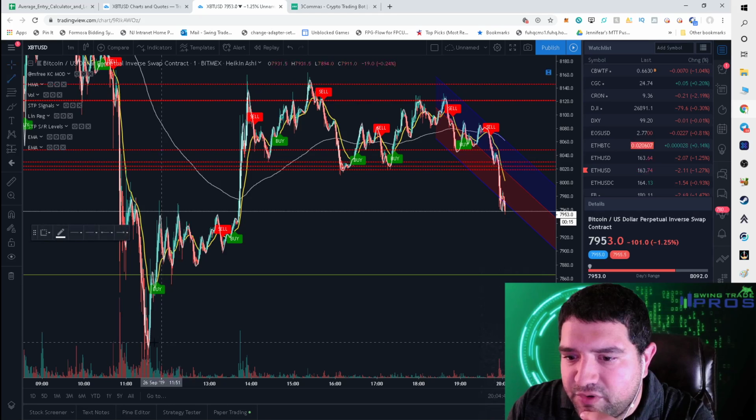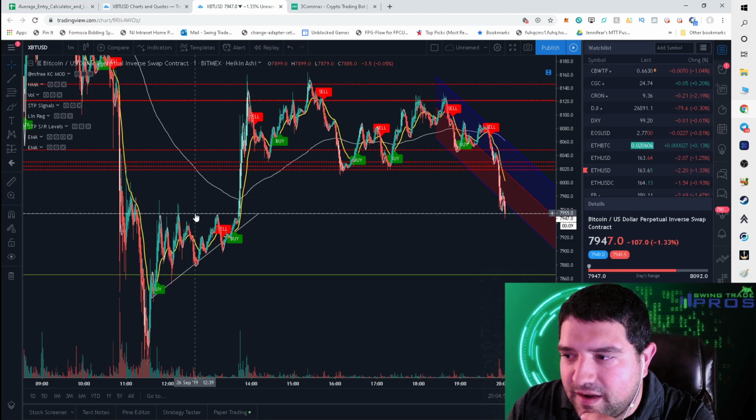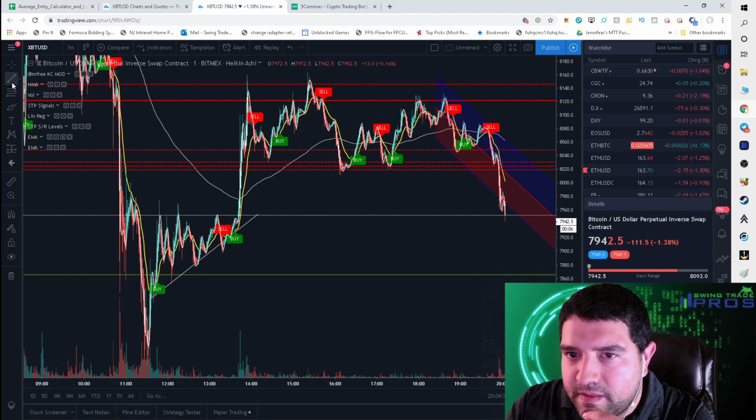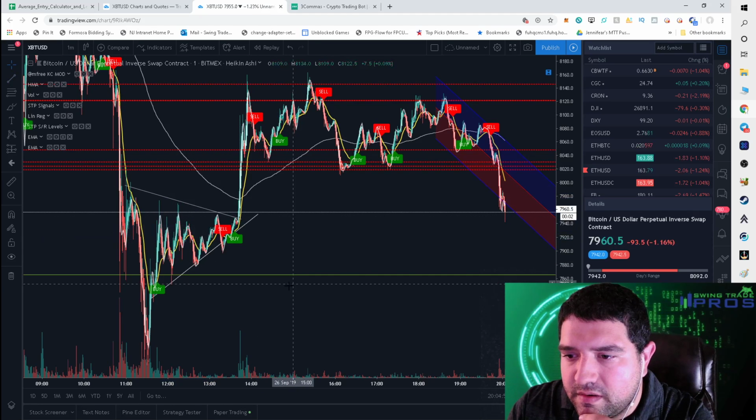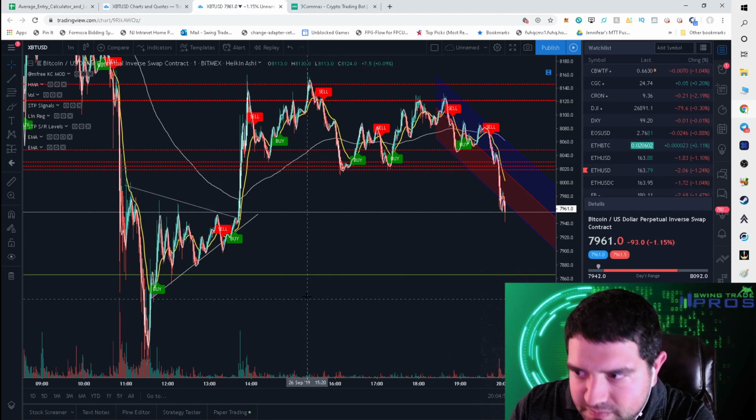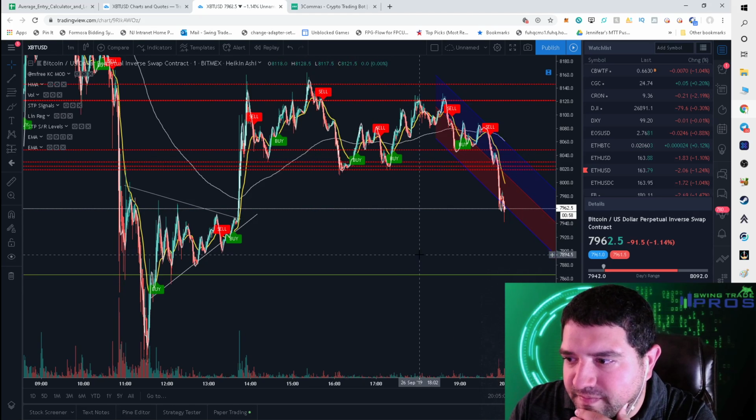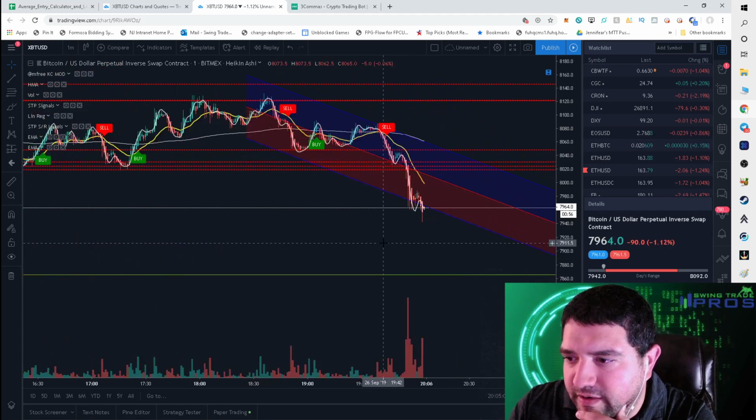You know, we had this breakout. We're at the top of this support here where this was like brief support, right? Trying to crack it right now. Didn't look like it could do it, so.